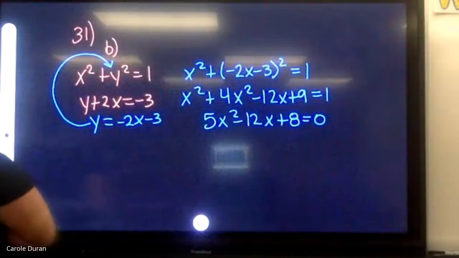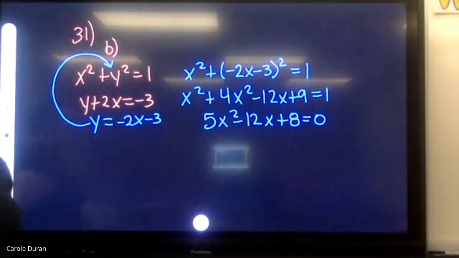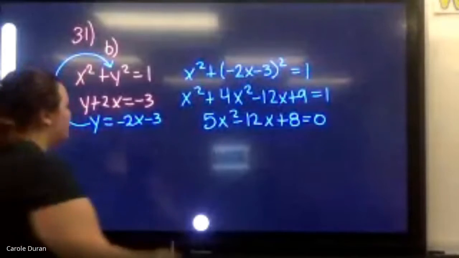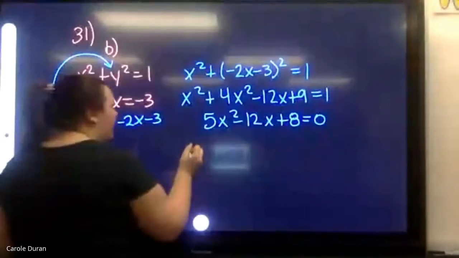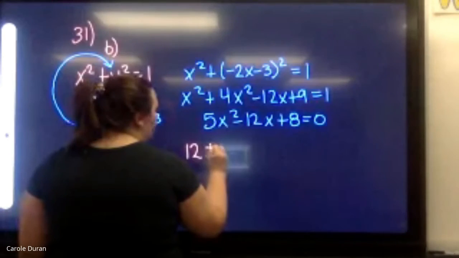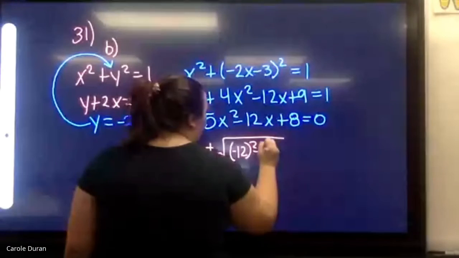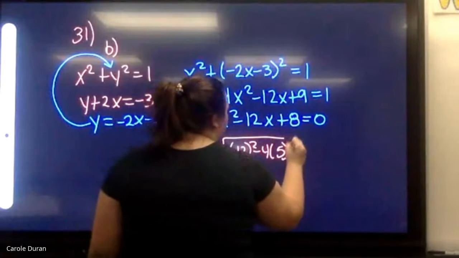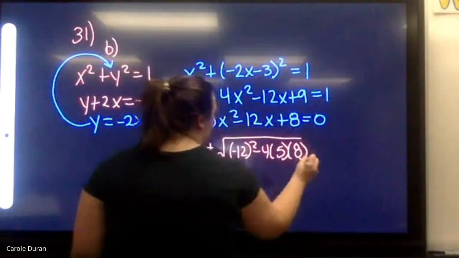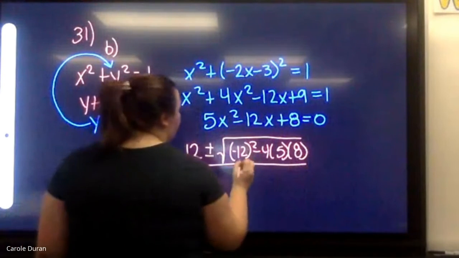I'm going to go ahead and do the quadratic formula because I don't anticipate this one factoring very nicely. So when I do the quadratic formula, I get negative 12 plus or minus the square root of 12 squared minus 4 times 5 times 8, and then all over 2 times 5, which is 10.